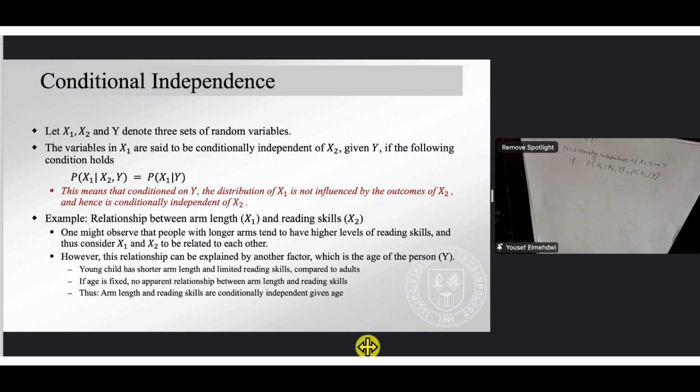At the beginning, when we didn't fix the age, they were not independent. But when we fix the age, it's not clear for us to find a relationship between the arm length and the reading skills. As a result, the arm length and the reading skills are considered conditionally independent given age. And that's what we did.